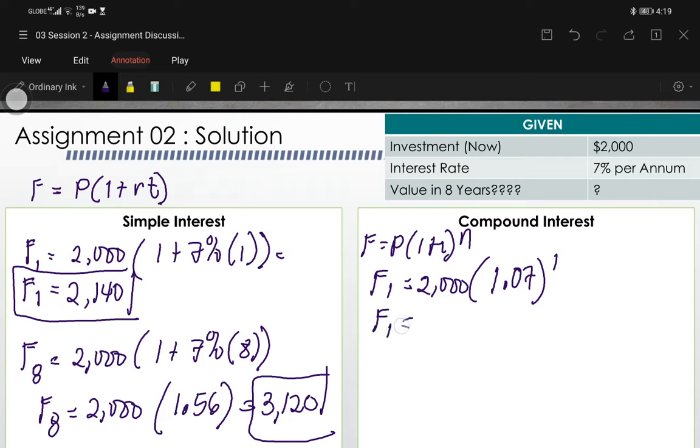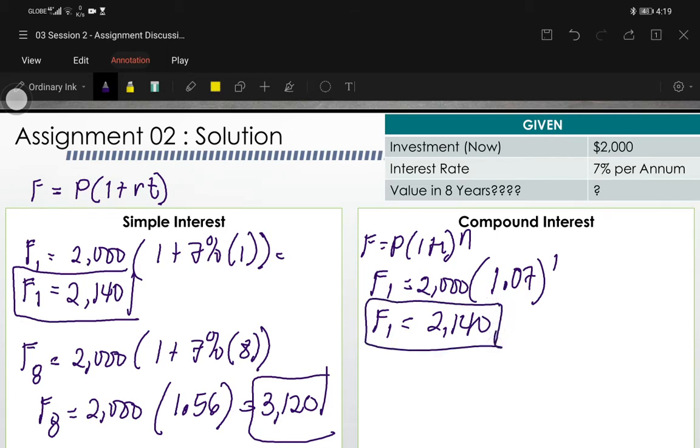So the value of your investment at the end of the first year is equal to 2,140, which is basically the same as the simple interest. That is because the value with interest at the first period of a compounding interest is equivalent to the simple interest. But let's try to check the value of your investment at the end of 8 years.